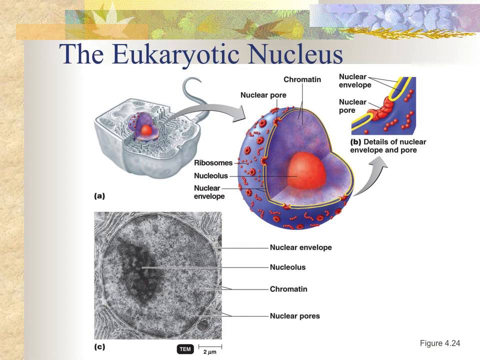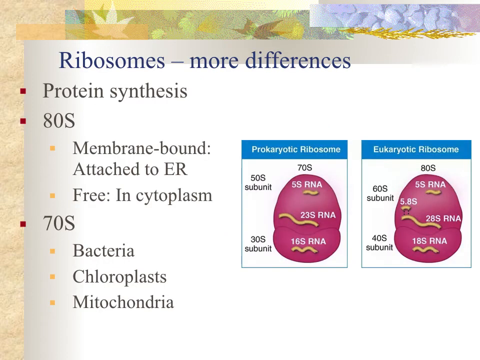The nucleolus makes ribosomes. Okay, ribosomes are found in all eukaryotic cells, just like all prokaryotic cells, but they're different. Okay, eukaryotic ribosomes are larger. Most of them are called 80S ribosomes, and they may attach directly to a membrane or be free in the cytoplasm.